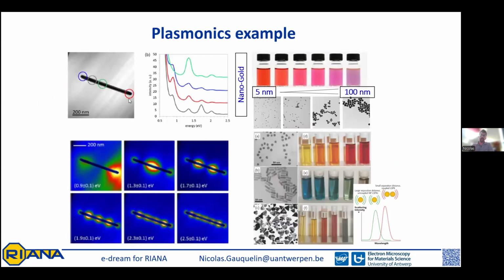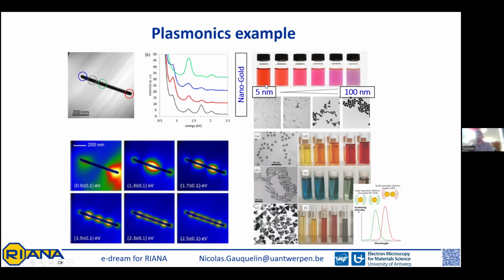These plasmons can actually be used to look at plasmonic modes. So here you have a metal rod that you can excite with your electron beam, exciting those plasmonic modes, those surface plasmons, which you see as these peaks. And by mapping those peaks, you can see the different modes of your plasmonic response.